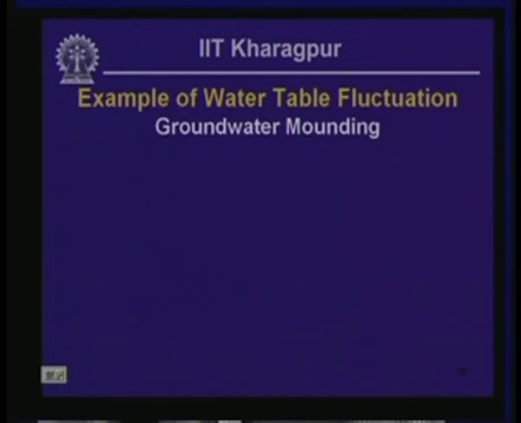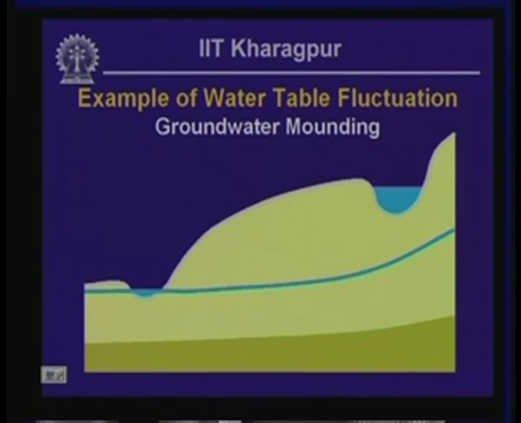Now let's look at a cartoon showing the groundwater fluctuation. This is in fact going to illustrate the concept of a situation called groundwater mounding. Now let's consider a stream that flows upslope on a hilly area, and this stream is a temporary stream that runs only during the wet season, only after snow melt.